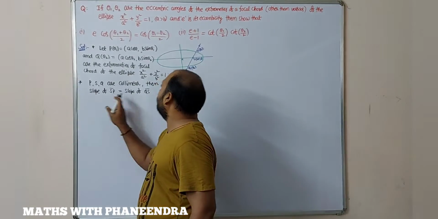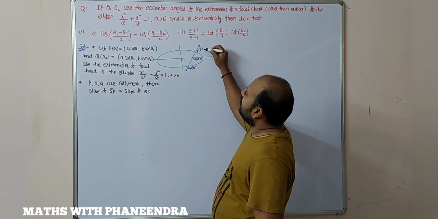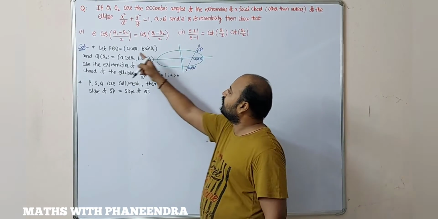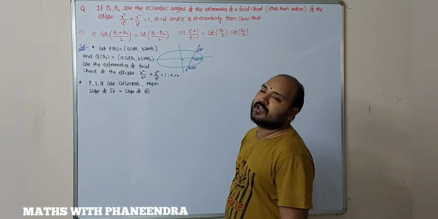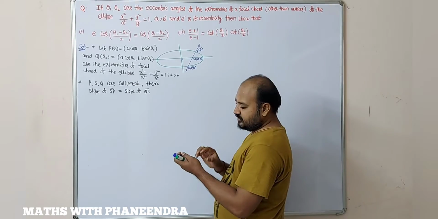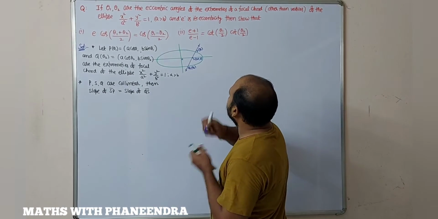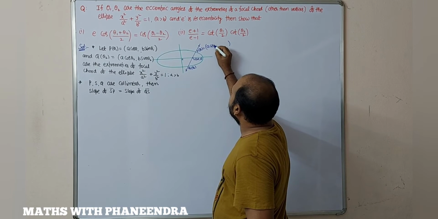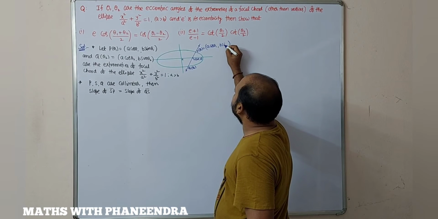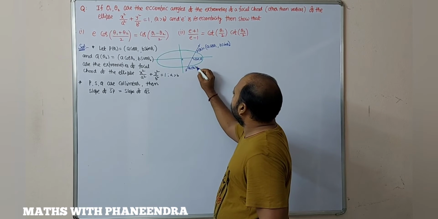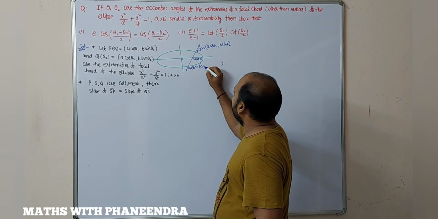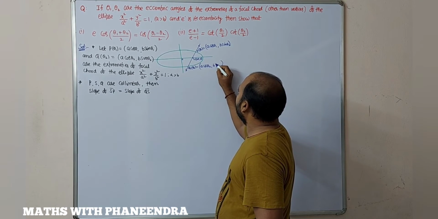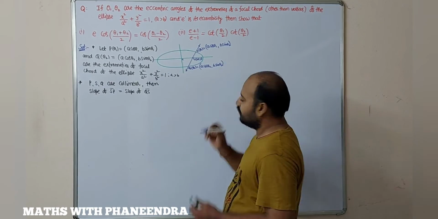So slope of SP, P of theta 1 means A cos theta 1, B sin theta 1. Even here also A cos theta 2, B sin theta 2.